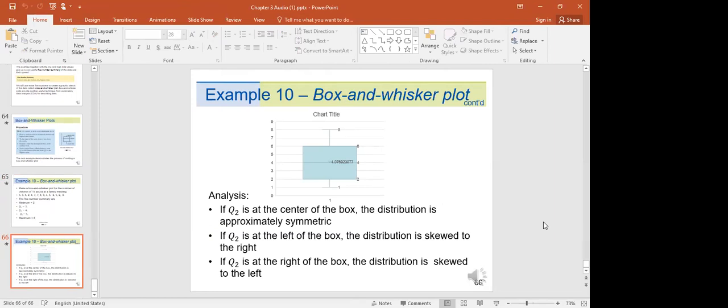So that's it for chapter 3. We learned how to find averages: mean, mode, median, mid-range; variation, variance, standard deviation, and range, which you knew already. Coefficient of variation, the Chebyshev theorem that gives us the minimum proportion of values within K standard deviations.